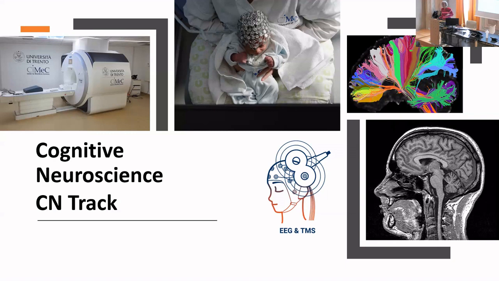And also from the structural point of view, and from the developmental point of view, which is a very important aspect to understand how the brain develops and how brain functions change throughout the first years of our life. So these are all the methods I already showed you before, with which you will have first hands-on experience throughout the 2 years of the master.